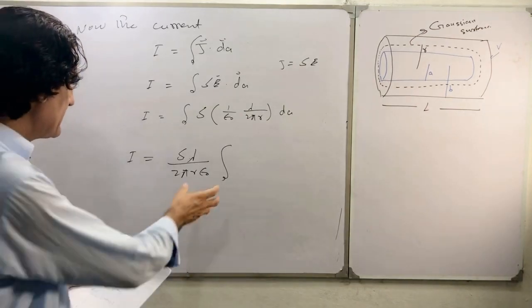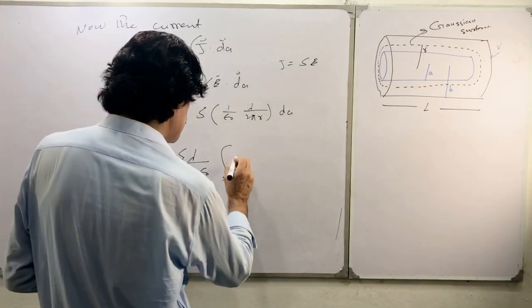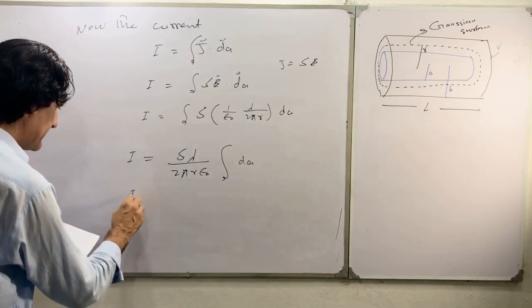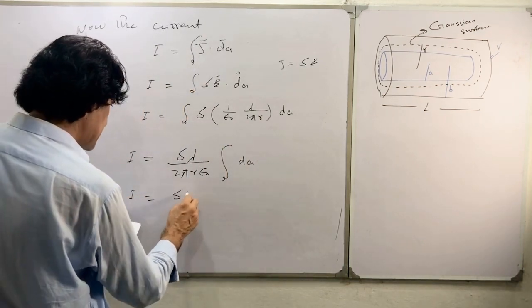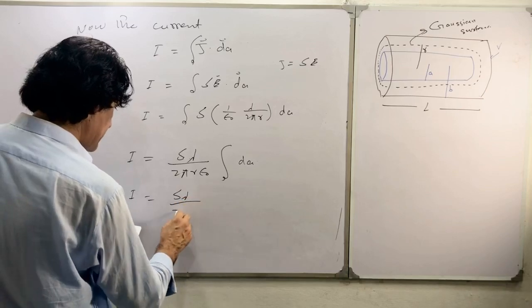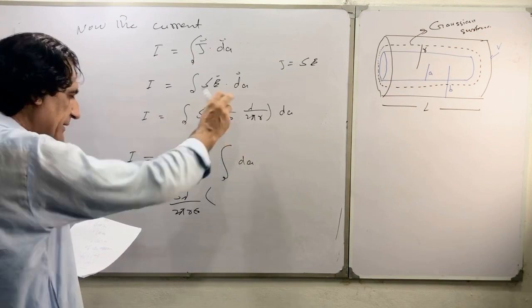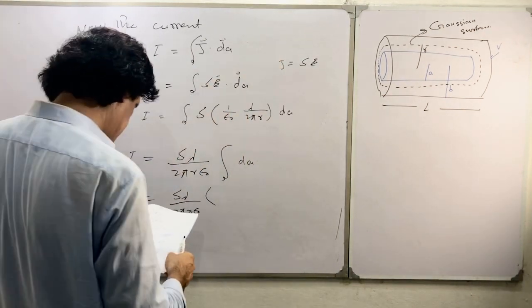So these things will come out and we will have the integral of dA, and I is equal to sigma lambda divided by 2 pi r and epsilon naught. And what is the area of this configuration?